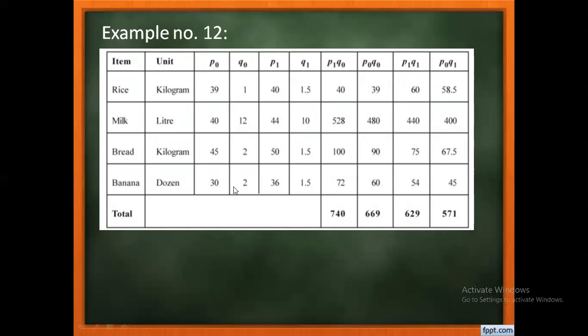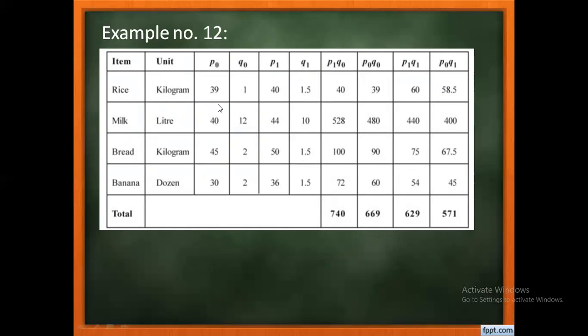30 into 2, 60. Then in Paasche, we require P1Q1. So multiply P1 and Q1. 40 into 1.5, 60. 44 into 10, 440. 50 into 1.5, 75, and 36 into 1.5, 54, right? And finally, we'll require P0Q1.